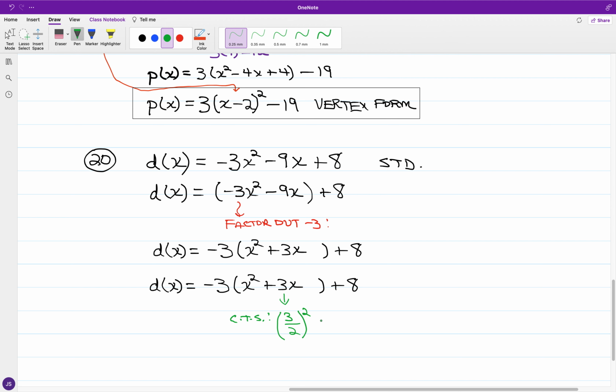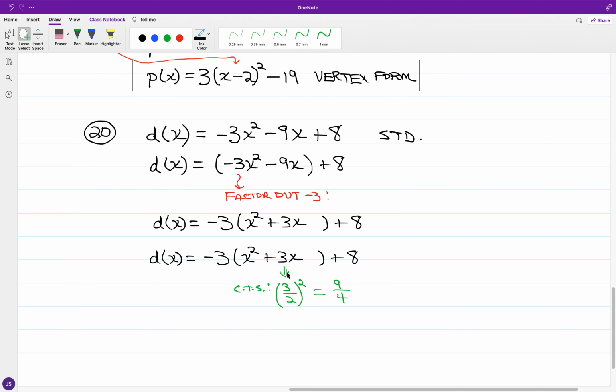So we get the square of 3 halves, and the square of 3 halves is going to be 9/4. So that's going to be added to 3x.